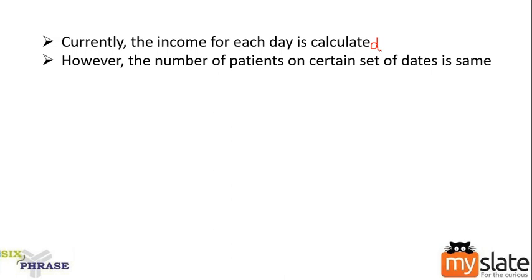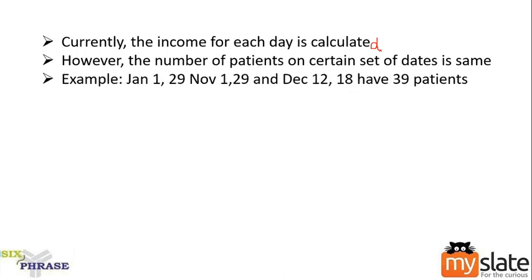Values will be repeated. Definitely there will be repetition. For example, Jan 1 and 29, November 1 and 29, December 12 and 18. All these 6 dates have exactly 39 patients. Apply the formula and see.